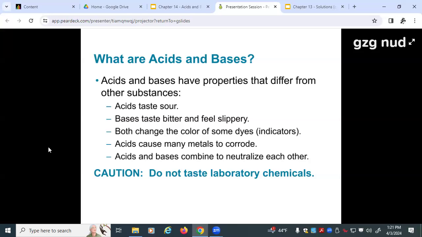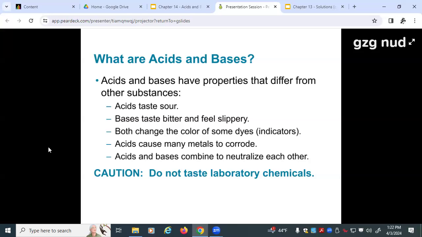Antacids also have that kind of chalky, bitter flavor that most antacid companies try to cover up with fruit flavors or mint flavors. That's the active ingredient. That's the base in them coming through.